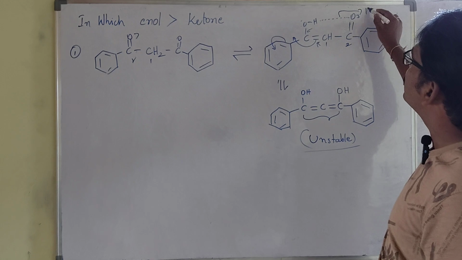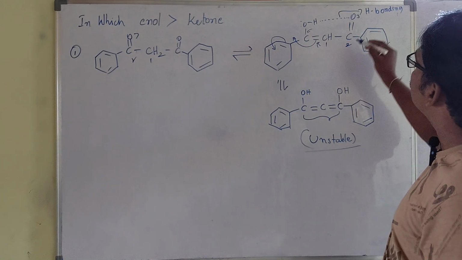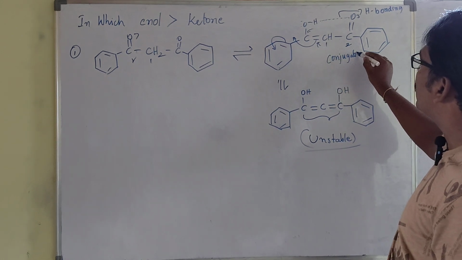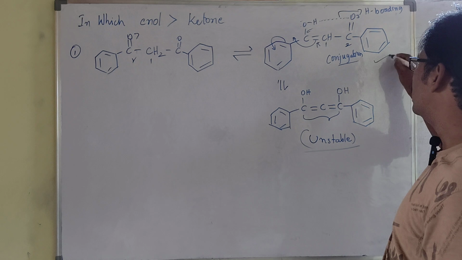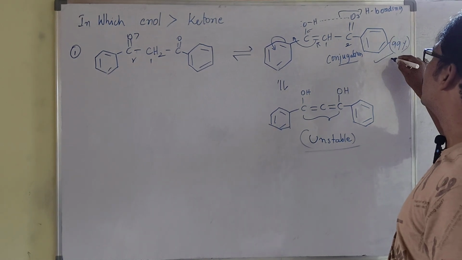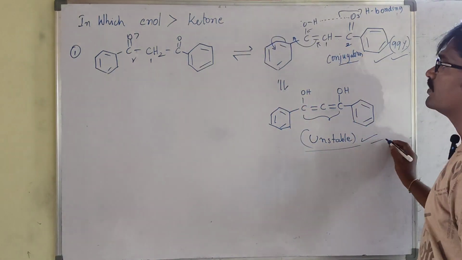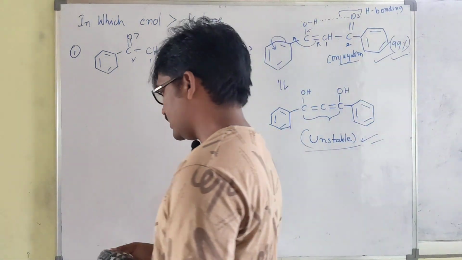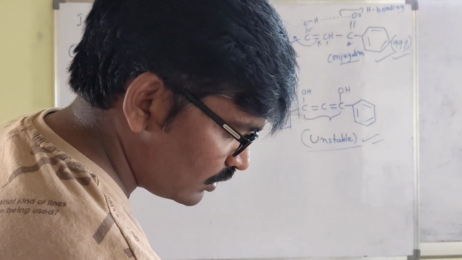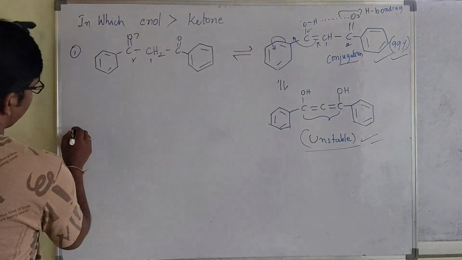So hydrogen bonding is also possible, and conjugation also possible. So this enol is 99% more stable than this one. Understand? Then one more compound we will see, my dear students, that is the second one.